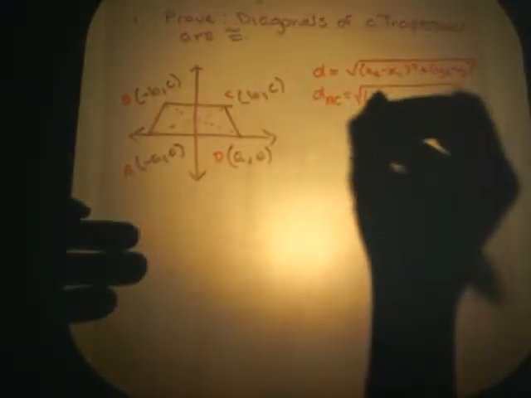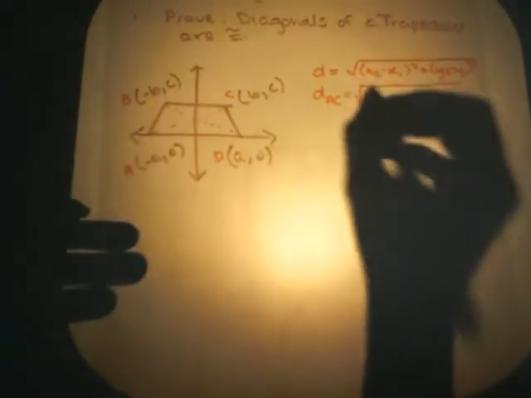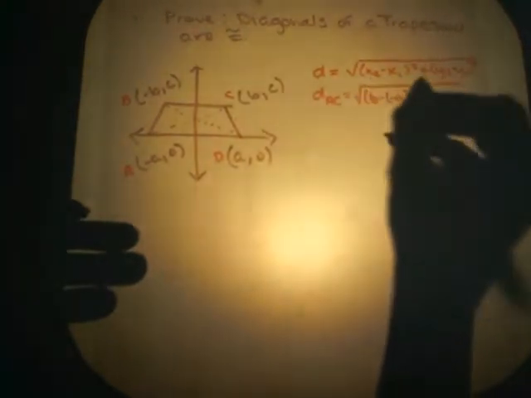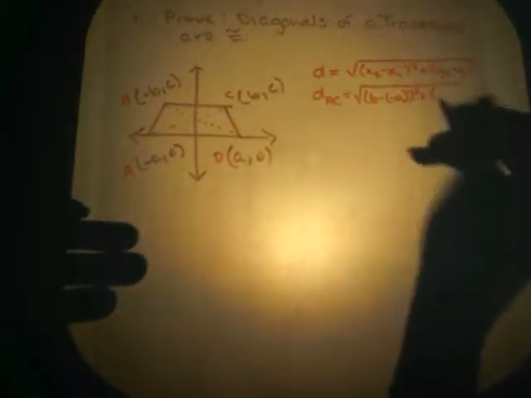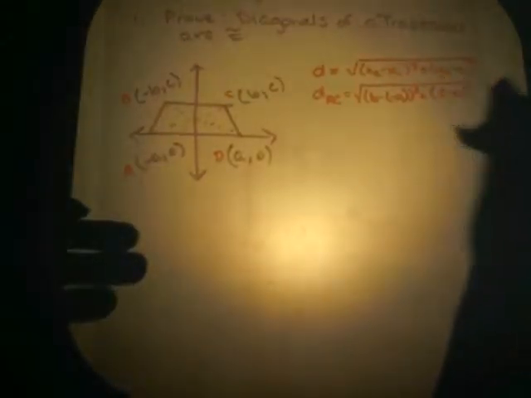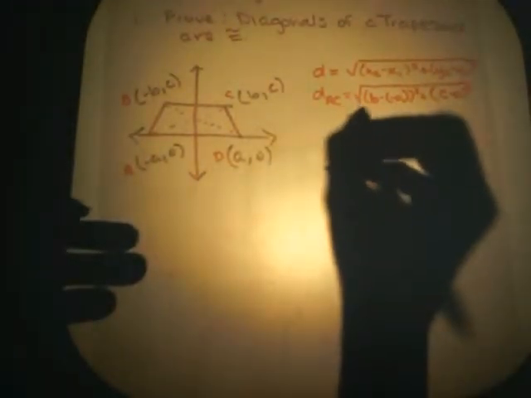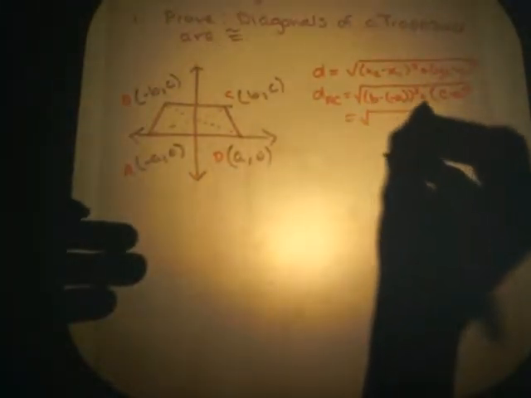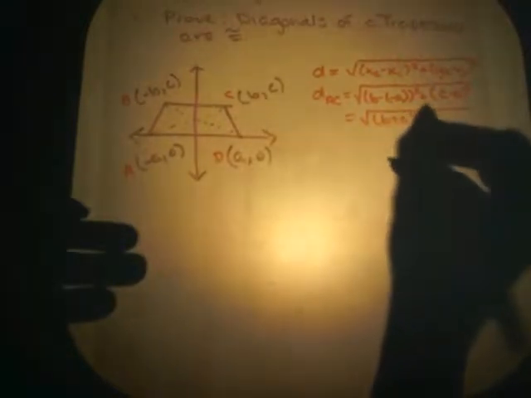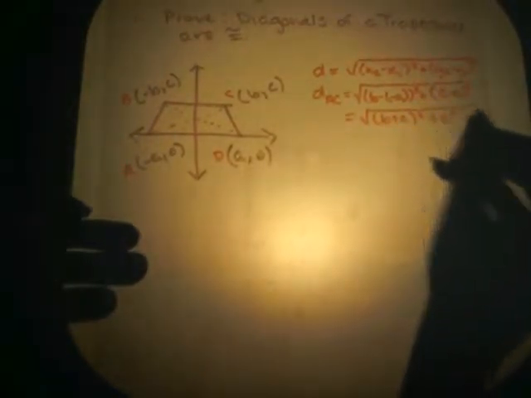So for the first one, we're going to have b minus negative a. Subtract your x's squared, plus then we subtract the y's, c minus 0, and then square that as well. Simplified, this will be the square root of b plus a squared plus c squared.